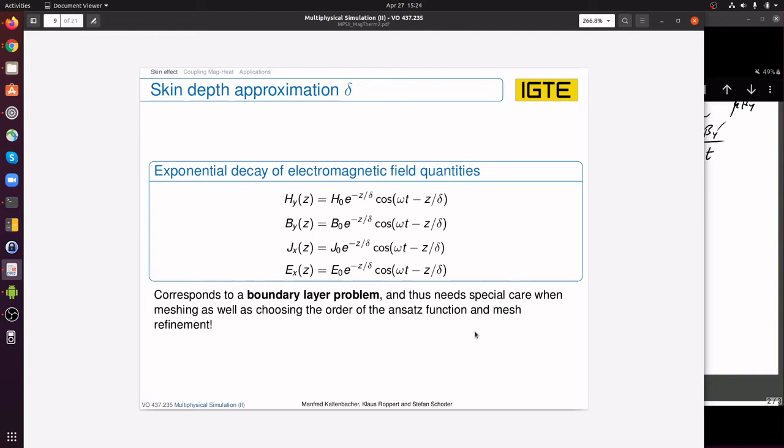So that's a point you definitely have to consider, and I will also show you the mesh of a real application example in a few minutes.